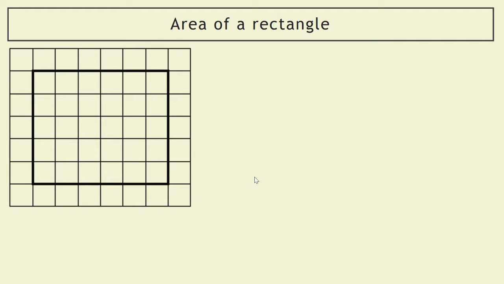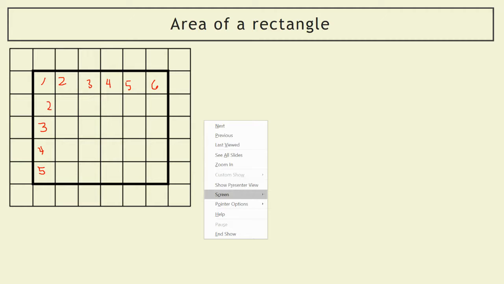Onto a rectangle. Rectangle's very similar. What we've got here, though, we've got 1, 2, 3, 4, 5, and 6 squares across. And going down, we've got a different number. We've got 5 squares going down. So how many squares would we have altogether? Looking at each row, we've got 6 in a row.